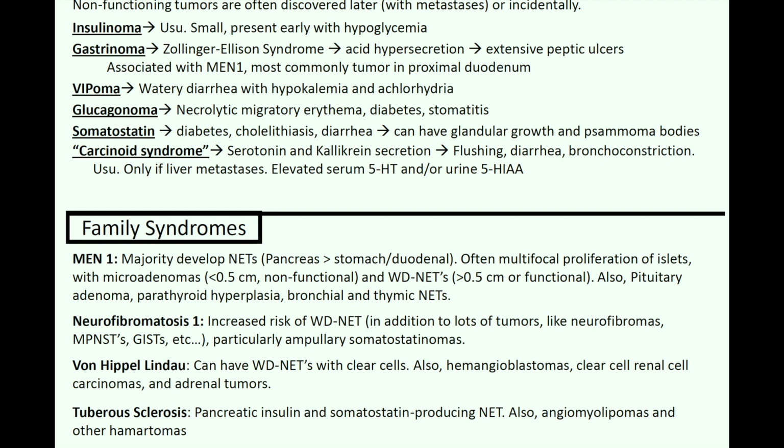Also, you can get hemangioblastomas, clear cell renal cell carcinoma, and adrenal tumors. And then tuberous sclerosis, you want to think of pancreatic insulin and somatostatin producing neuroendocrine tumors, and also angiomyolipomas and other hamartomas. So that's it, just a quick whirlwind tour through neuroendocrine tumor land.